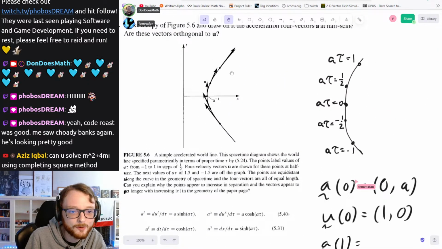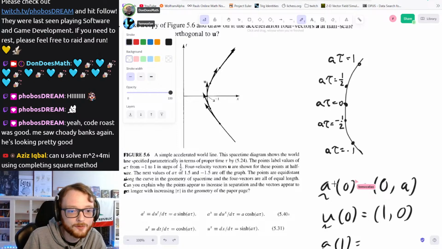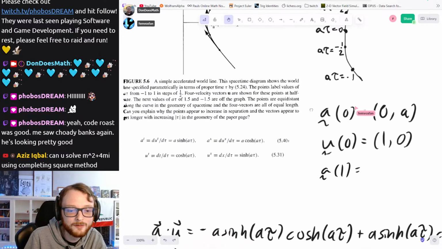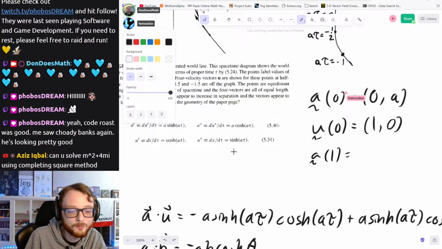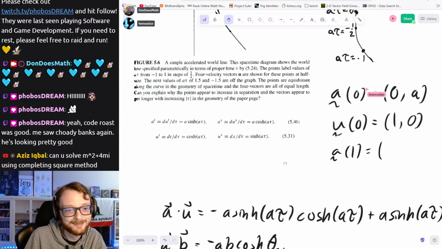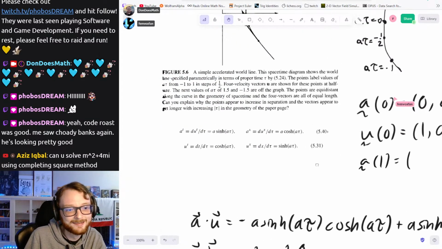I guess I'm confused by their axis labeling then. And also, if A tau equals 1, then what do we do with the A's out in front? Oh wait, yeah, you're right.